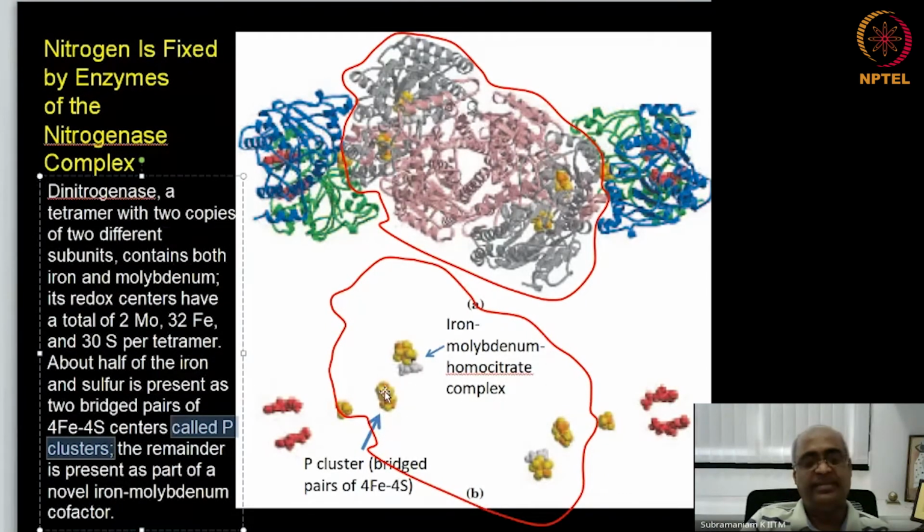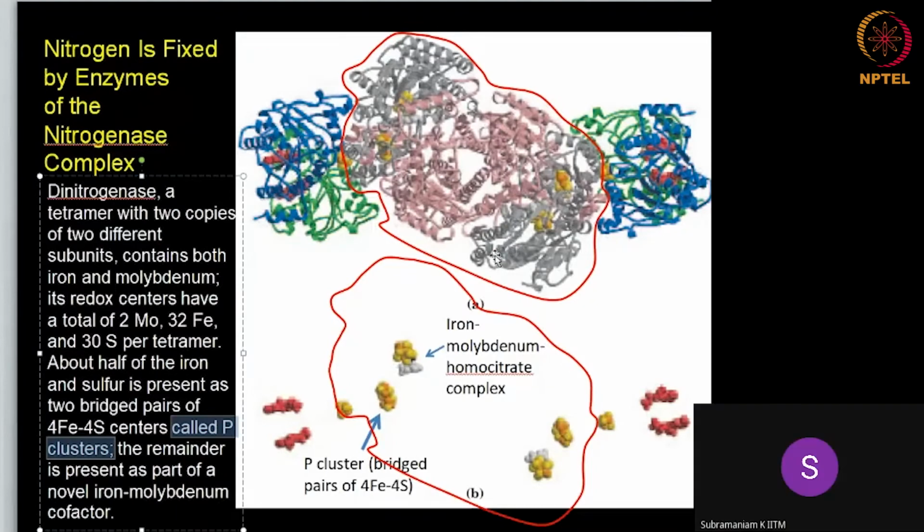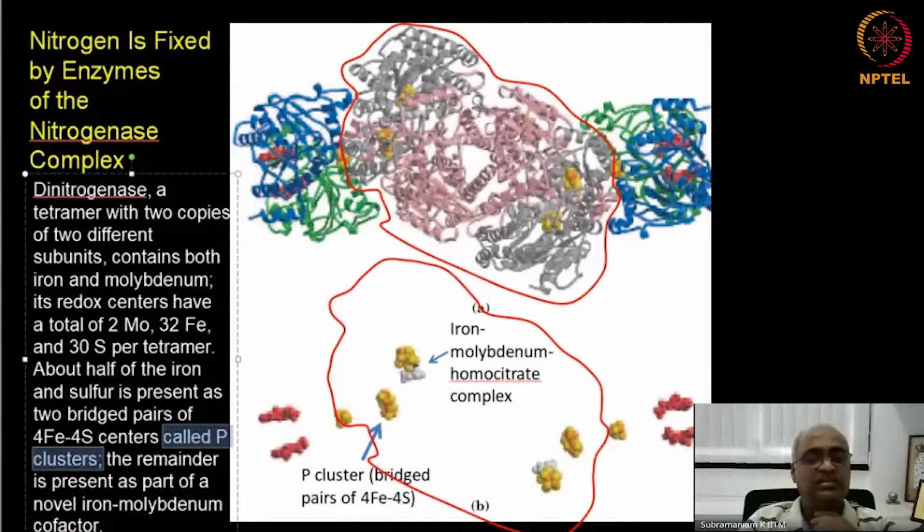It contains 2 of them here, 1 here and 1 here. Similarly, this one also has 2 complexes, because it is basically identical. So this is the structure of the dinitrogenase.